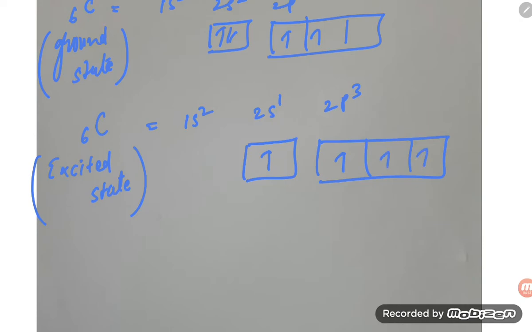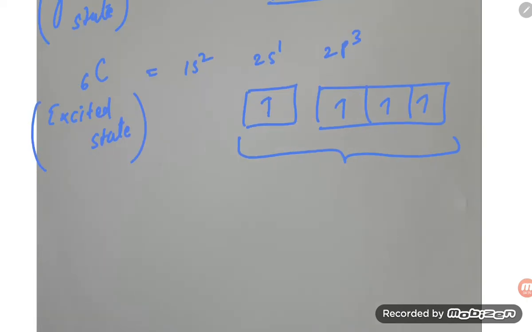This is the excited state. Now these orbitals get intermixed, students. This is the spherical s orbital, then the px orbital, the py orbital, and lastly the pz orbital. So this is x, this is y, and this is z.